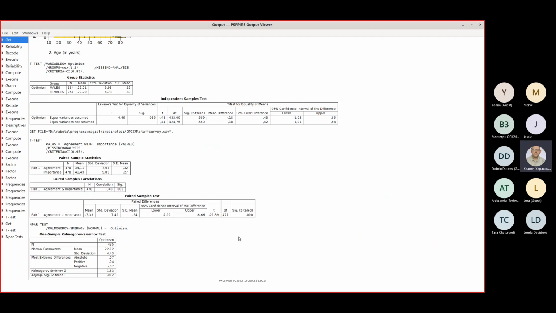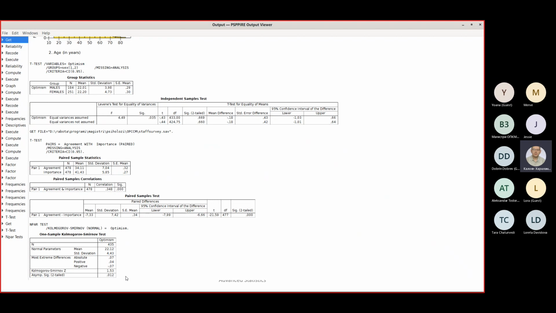Here is the result. One sample Kolmogorov-Smirnov test. And here in the bottom of the table is the significance level. Significance level is 0.012.